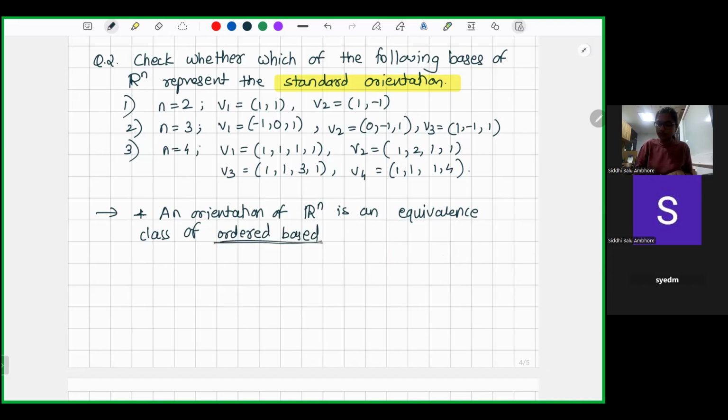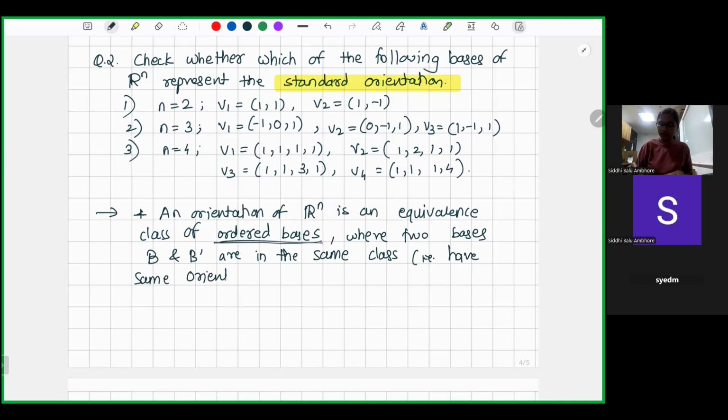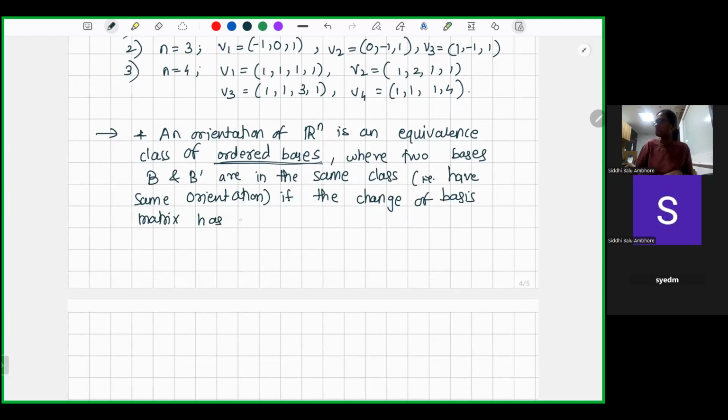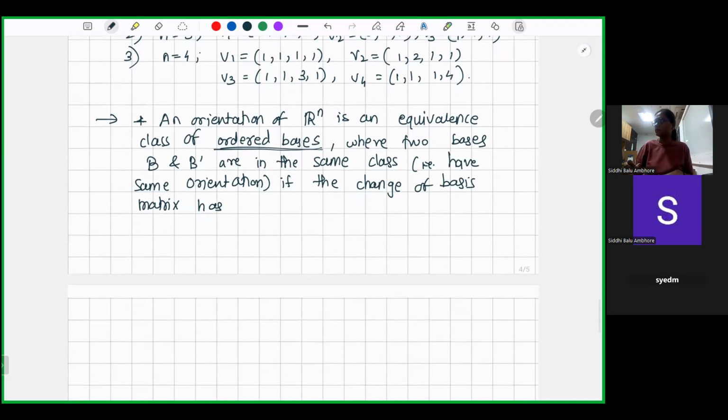This ordered basis is important, where two bases B and B dash are in the same class, that is, have the same orientation, if the change of basis matrix, suppose we call it P, from B to B dash satisfies determinant of P positive.